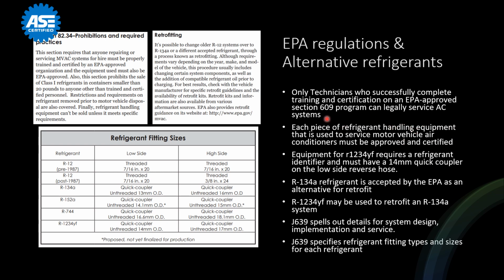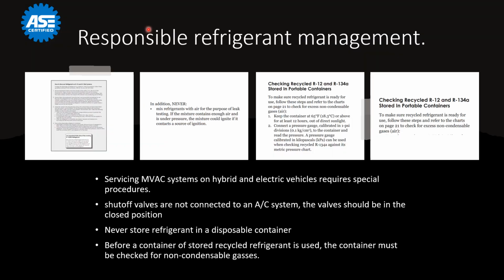So these are very important things that you guys need to know if you're going to take this 609 exam. Now, most of the questions on the exam are going to be related to this section here, the responsibility and management of refrigerant. So this section is going to cover a bunch of different topics. It's going to cover safety. It's going to talk about recovery, recycling, and recharging equipment.